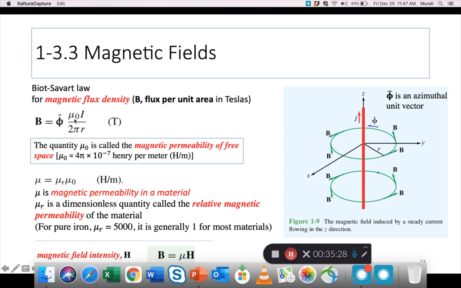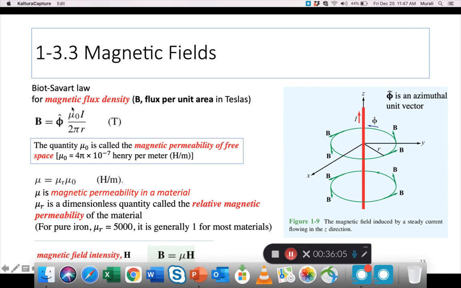Here we have a new quantity called mu 0, and that's the magnetic permeability of free space. Similarly, if you want to find the magnetic field density in some material, not just free space, not in air, then you now have this relationship mu equals mu r mu 0, similar to what we saw in electric fields, and mu r is another dimensionless quantity. For steel, mu r is 5000, otherwise generally it's considered 1 for most materials.